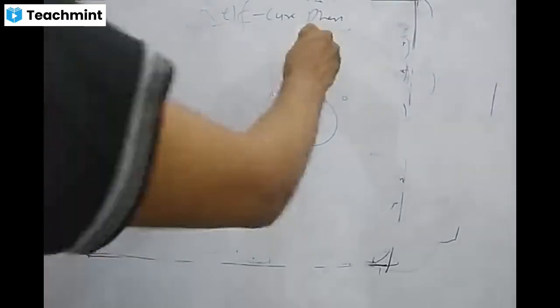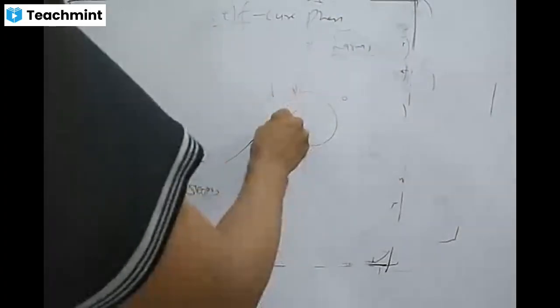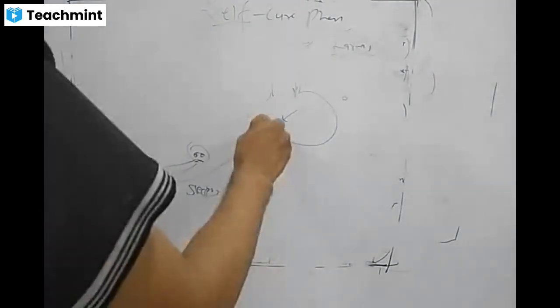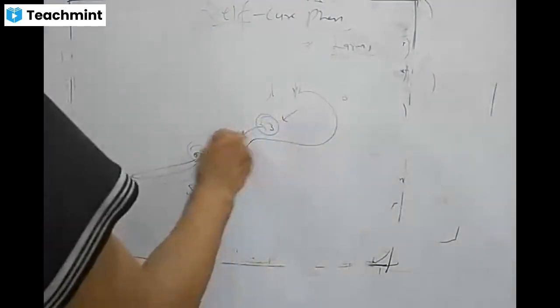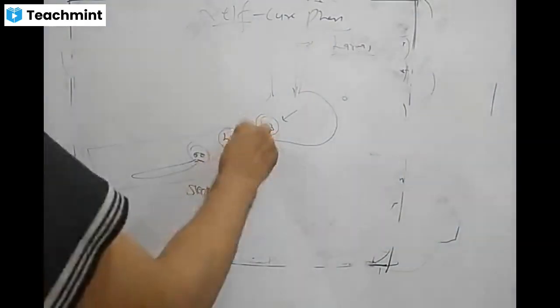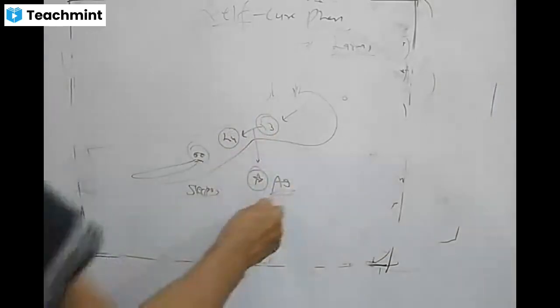Adults are present. So if you give a larval challenge, these larvae will come inside and they molt from L3 to L4. L3 to L4 molting occurs. So during this molting, some molecules are released and those are known as antigens.